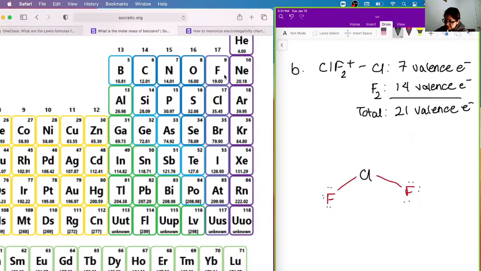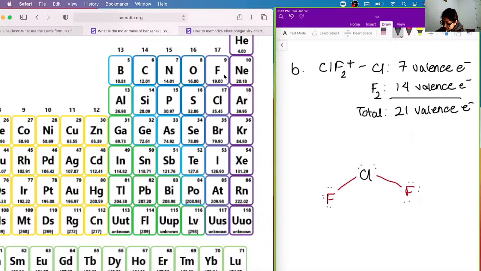And chlorine in this case would have 2 lone pairs, right? And then the formal charge. If you guys count the total number of electrons, we have 2, 4, 6, 8, 10, 12, 14, 16, and 18, or 20, sorry.